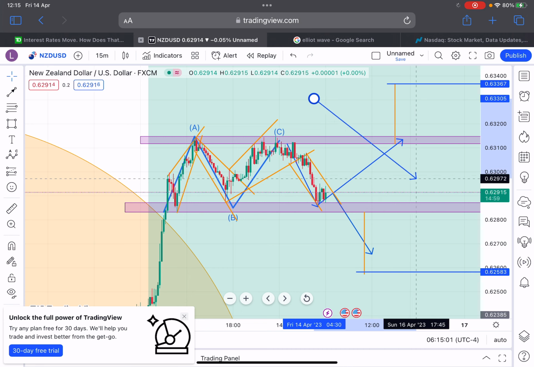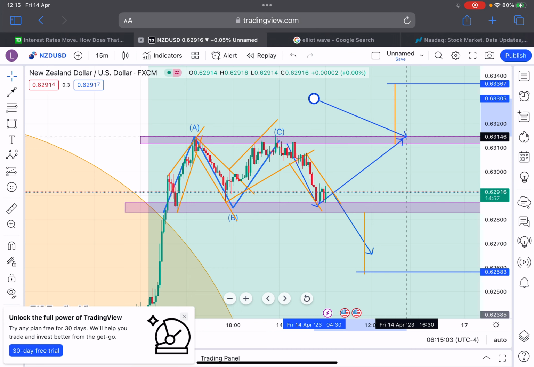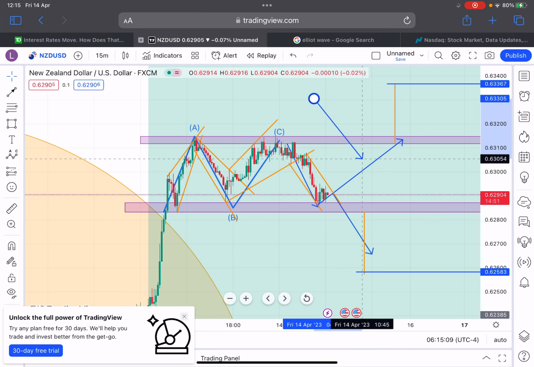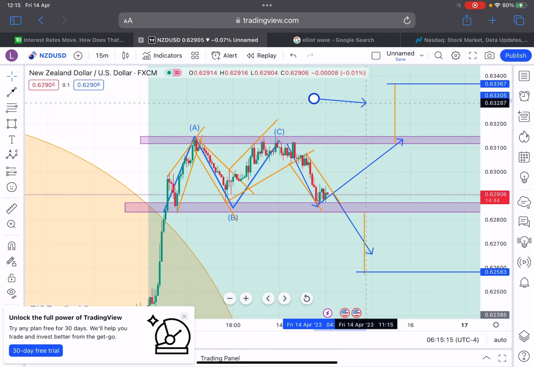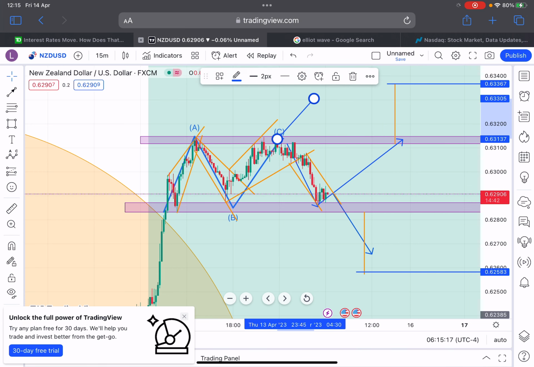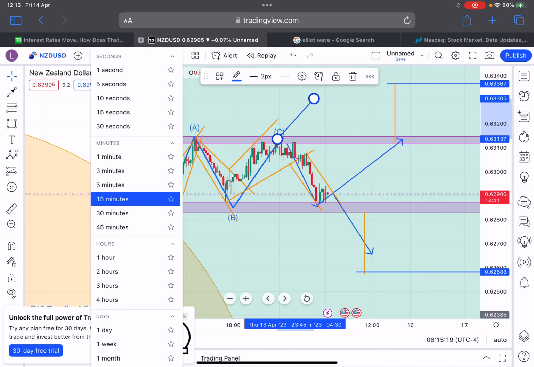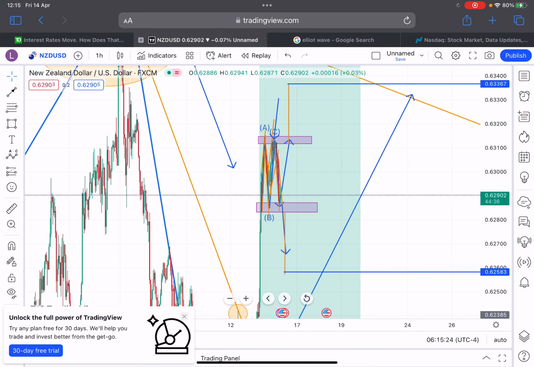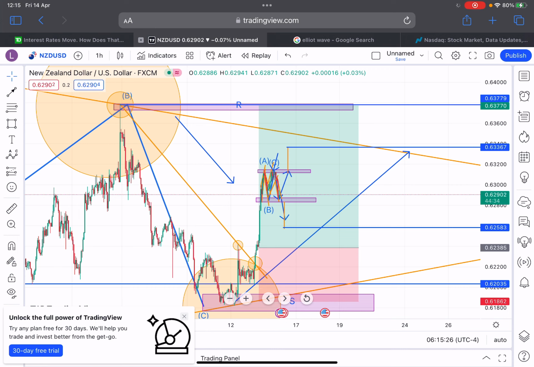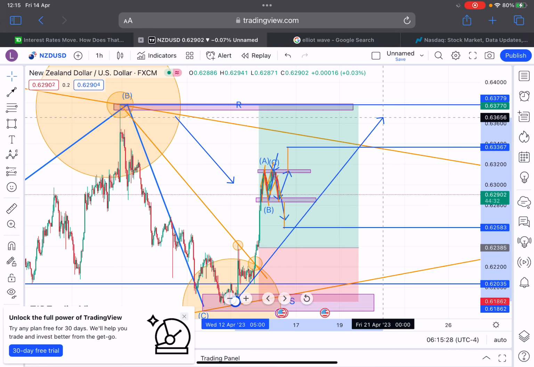But for now, since there's no confirmation, we won't enter, even if it doesn't break this support that is right here. If it breaks this main support from our M15, then our target price would be from here. But we can enter with the buy, and then our target price will be the price that is on our touch 1 from H1, which will be this price that is right here.